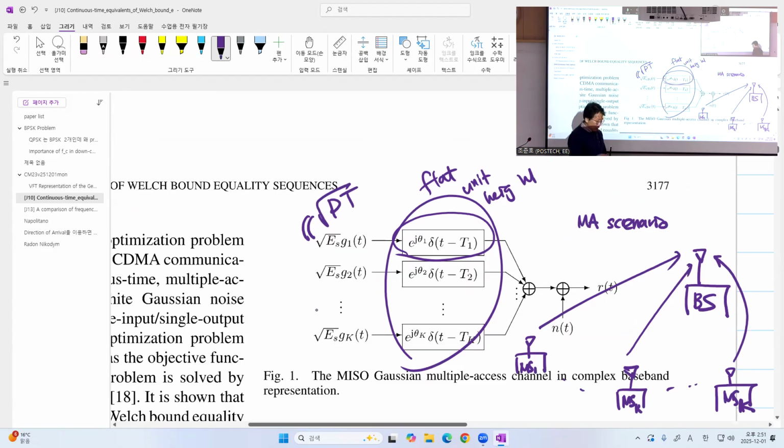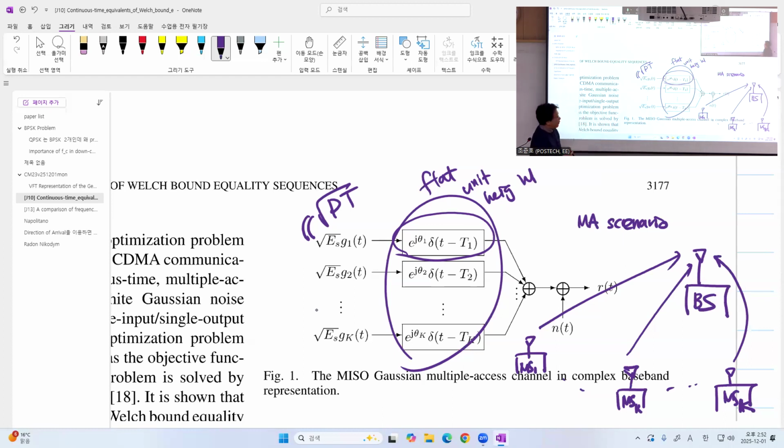So as you see here, in order to have some idea what's going on, people assume very simple models, very simple channel models. Whenever you see a paper with very simple channel models appearing in a prestigious journal, you may say, okay, it's a very theoretical paper.